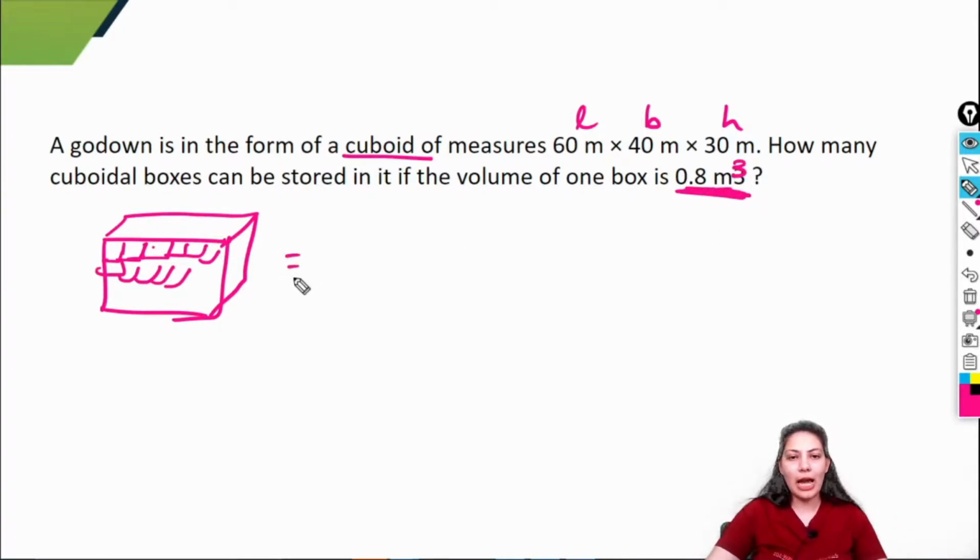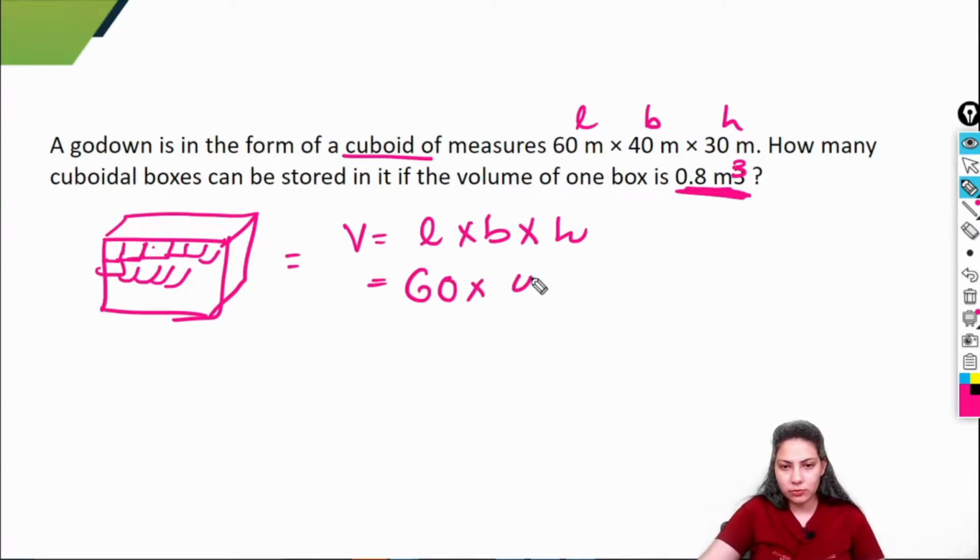So what we have to do is find the volume of the cuboid, and then divide by the volume of one box to get the number of boxes we can put in this cuboid. Let us calculate the volume of the cuboid. Volume of cuboid is length into breadth into height. So 60, 40 and 30. 6 4s are 24 and 24 3s are 72.